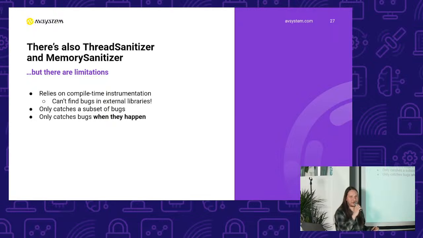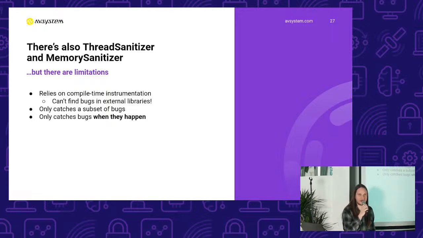So if you put while true semicolon and enable optimizations, it will be removed from your code, and the code that is below it will be executed. But undefined behavior sanitizer doesn't find that bug. So yeah, you cannot 100% rely on it.